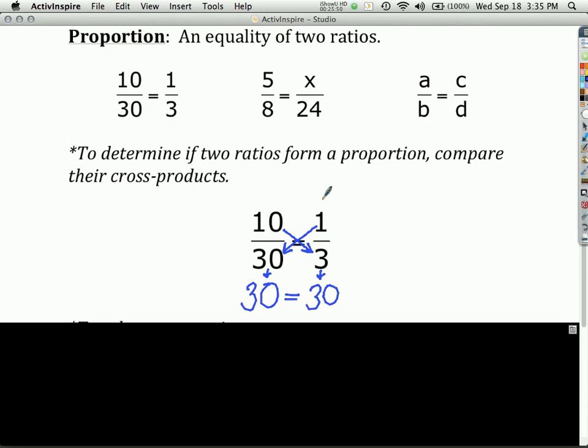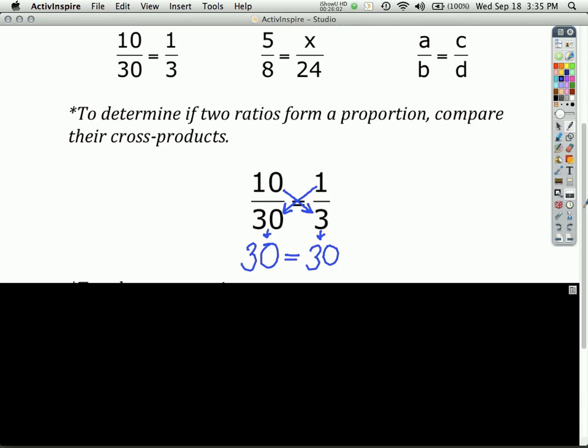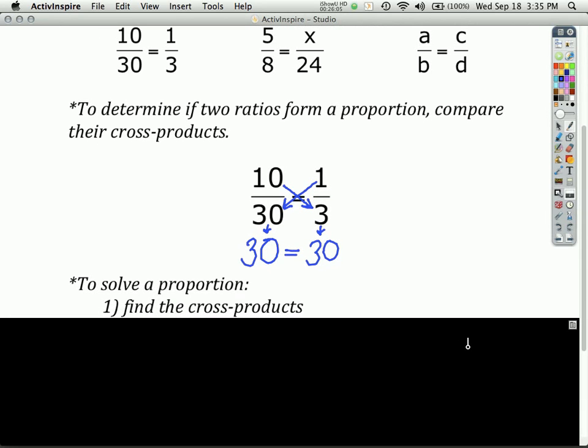But now we're going to learn how to use this idea of cross products to help us find missing pieces. And that's our biggest goal for today. To solve a proportion, number 1, find the cross products.